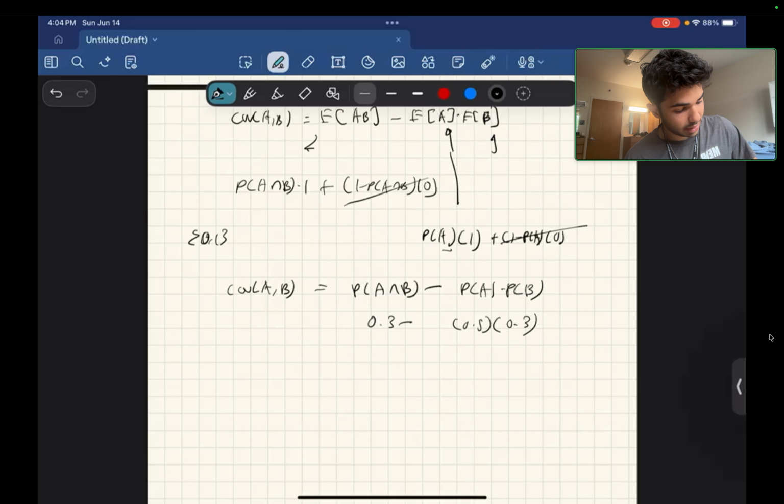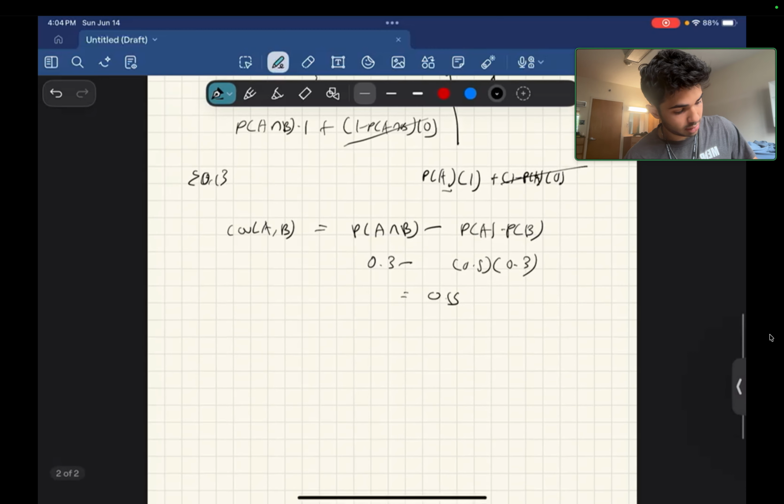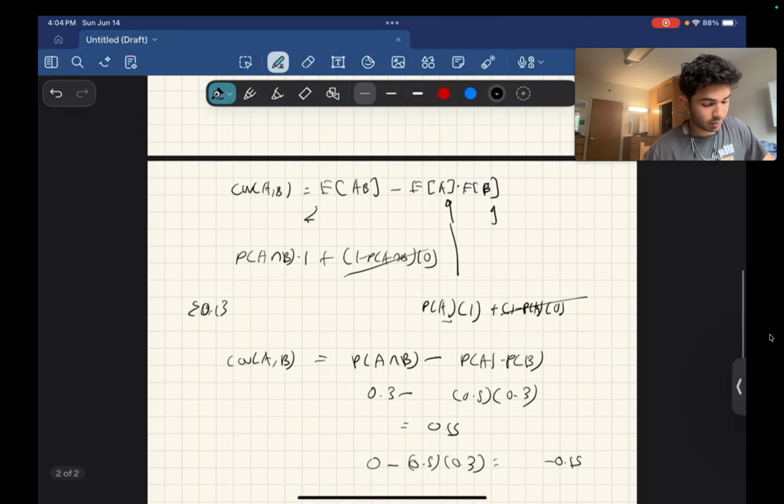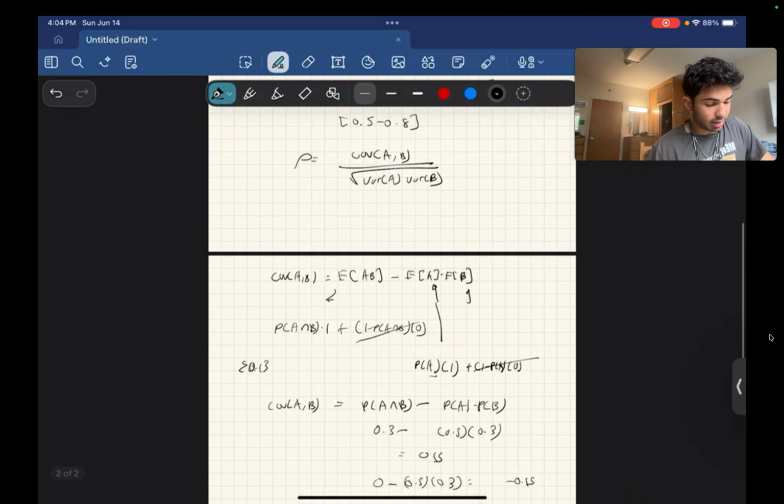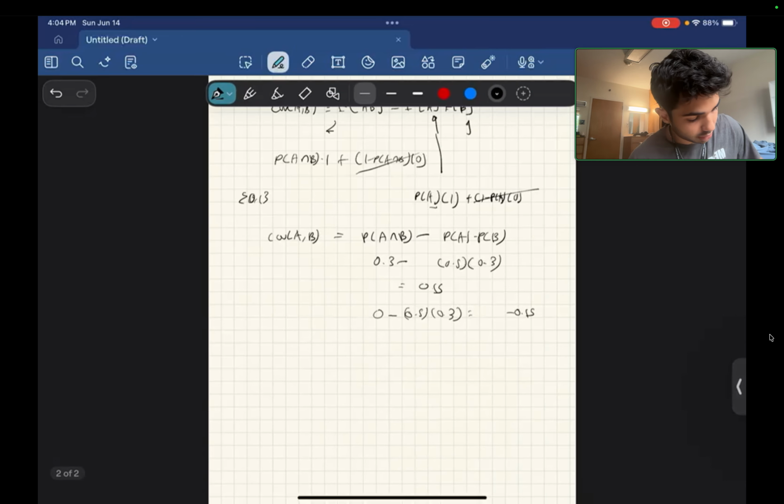So in this case, it's going to be 0.15. Otherwise, it was 0 minus 0.5 times 0.3, which equals negative 0.15. And that is going to be our numerator.